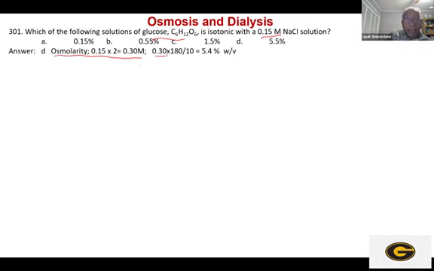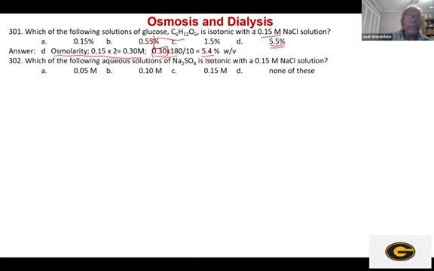This solution, glucose should be 0.3. Therefore, we convert grams to moles to grams, you get 5.4. This is the answer. You are converting back and forth from molarity, that's how I got 0.55.